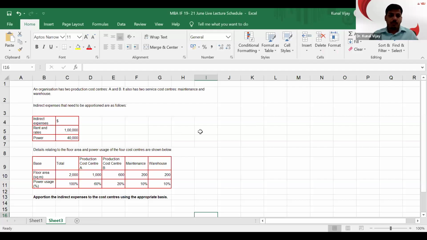Okay, so this is our example. I have just copied and pasted it here. Now we are going to solve this example.